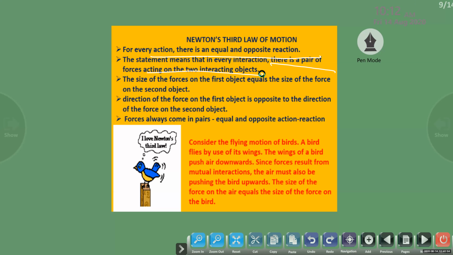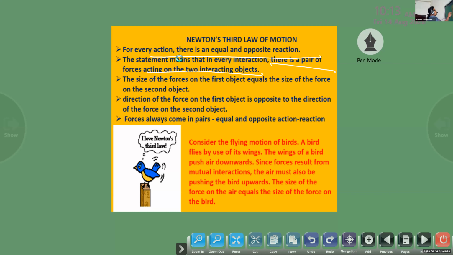Hitting the ball is the action. So who does the action force, ball or bat? Bat. So the bat is doing the action. Then what about the ball? The ball is doing the reaction force. So this is what you need to identify, which is the action and reaction force.